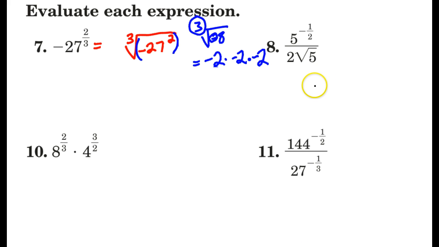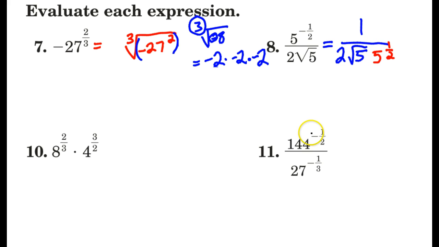Alright, so what do we got here? A little background. Remember that a negative exponent moves it. When you have a negative exponent, that moves it from the top to the bottom or the bottom to the top.